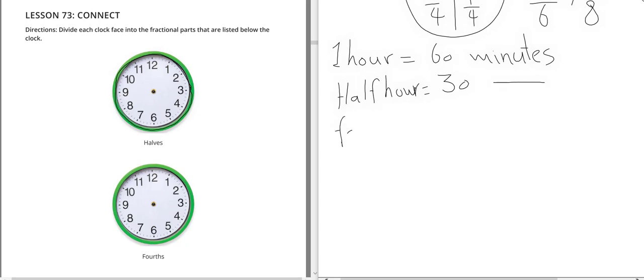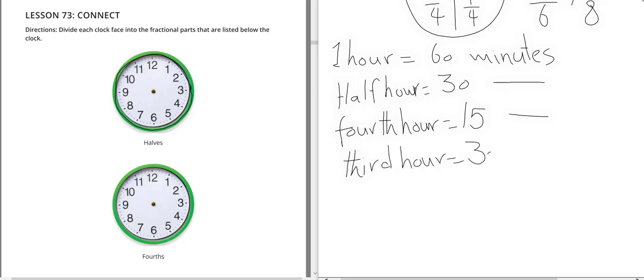And fourth hour equals 15 minutes. And third hour equals 20 minutes. Back to our book.